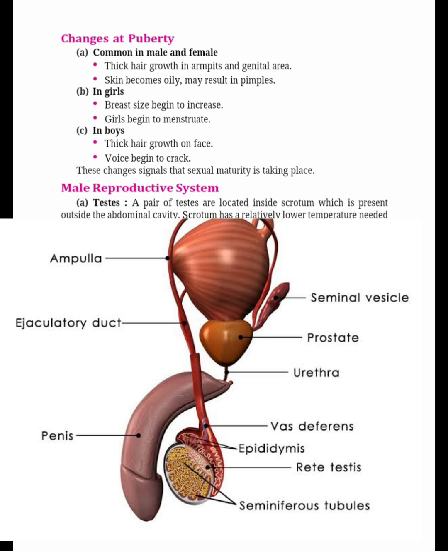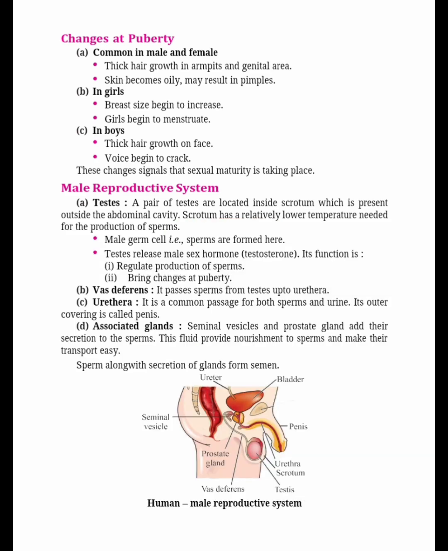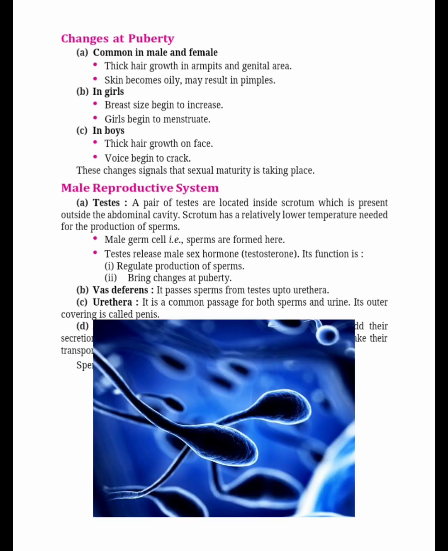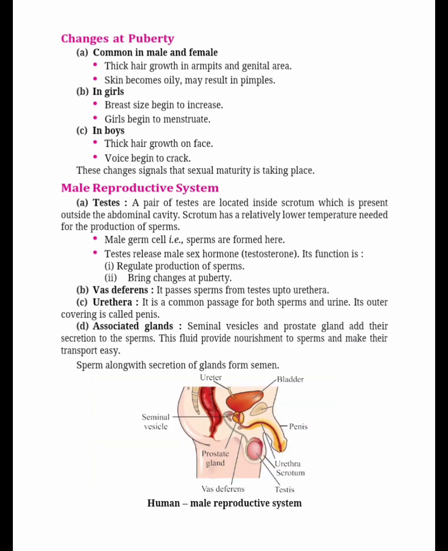These are the two glands present in the male reproductive system. What will they do? They add their secretion to the sperms. This fluid provides nourishment to the sperms and makes their transport easy. The development of the sperms takes place due to the secretion of the prostate gland as well as seminal vesicles, and the movement of the sperm also becomes easy. Sperm along with the secretion of the associated glands forms semen.